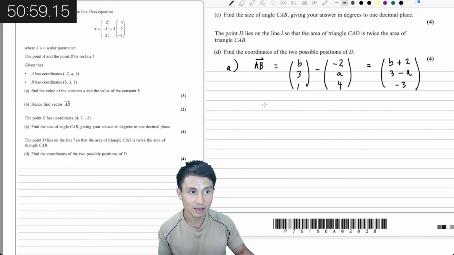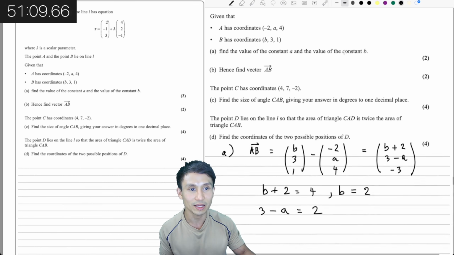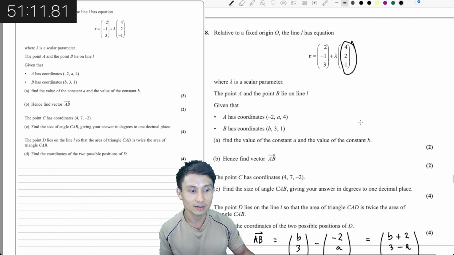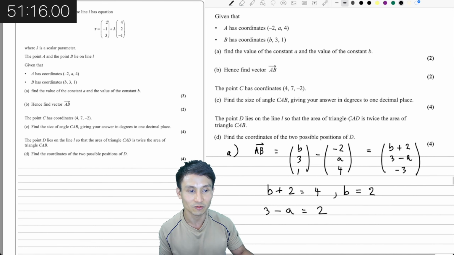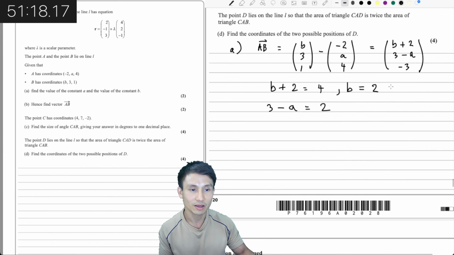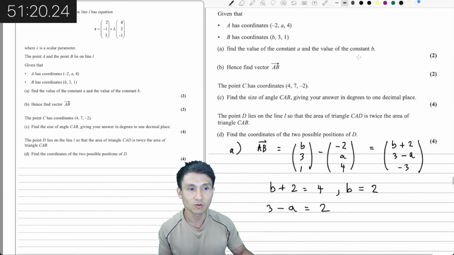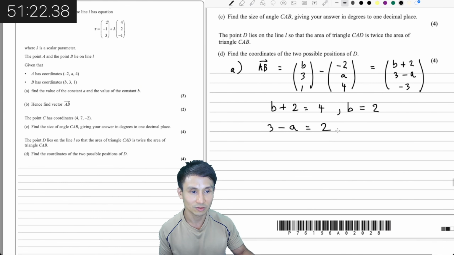So I'm just going to make B plus 2 equals 4, so B equals 2. 3 minus A equals 2. I'm equating it to this vector, guys. This vector is going to be equal to this vector because that's the directional vector of the vector equation. So 3 minus A equals 2. That's the middle thing there. So A would be equal to 1.